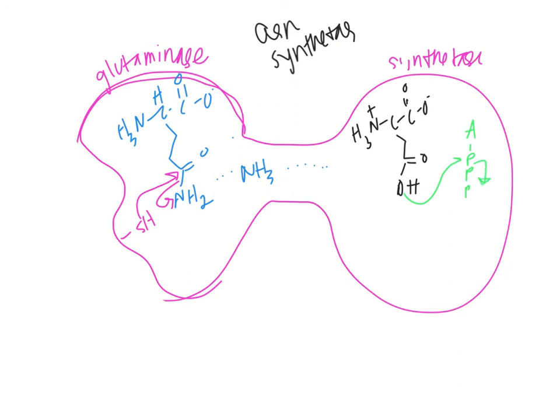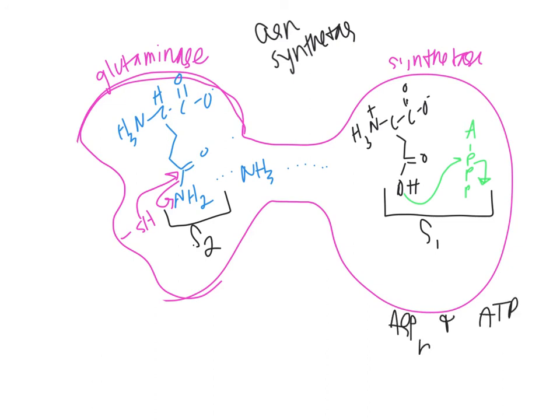We'll probably draw this out more in class. But the idea that I wanted to get at here is these two together in ordered sequential kinetics would be S1, and then glutamine is S2. So aspartate and ATP bind first.